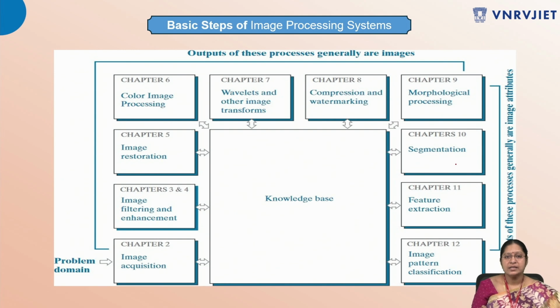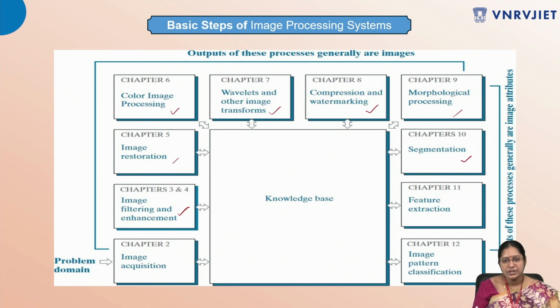These are the basic steps of image processing systems, where we have a problem from the problem domain. Next, it will be imported from the image acquisition tools, and next it will be image filtering and enhancement, and next the operation will be done on image restoration, some color image processing, and next wavelets and other image transforms, compression and watermarking, and morphological processing, segmentation.